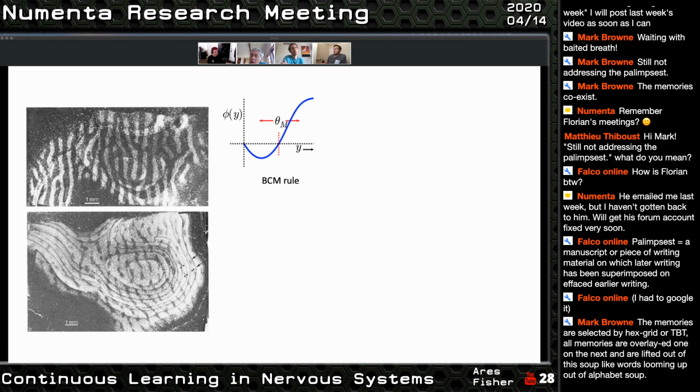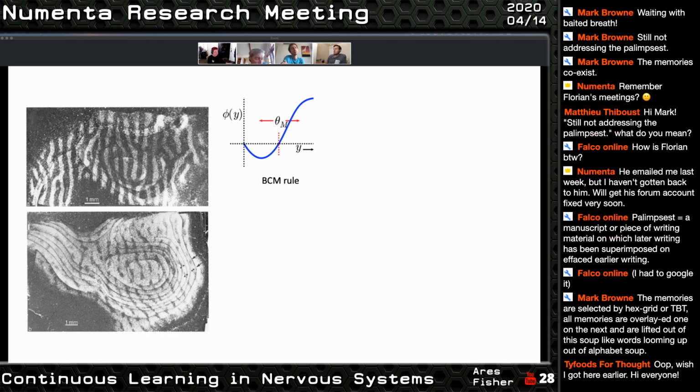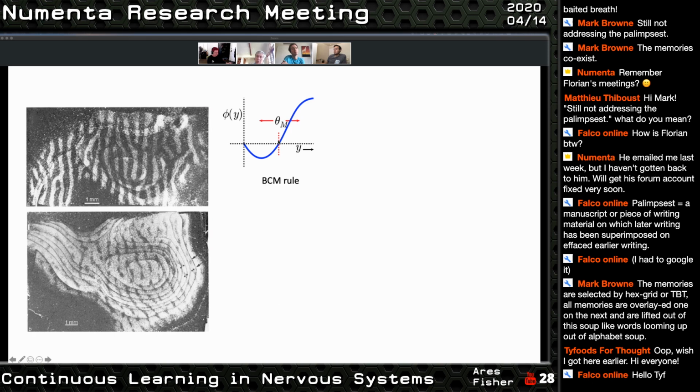This is one example. It's called the BCM rule, the Bienenstock-Cooper-Munro rule, and basically it has a dynamic threshold, where y is the output of the neuron and the threshold for plasticity is this here, which is also updated with the synaptic weights.